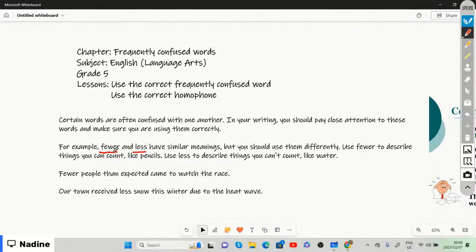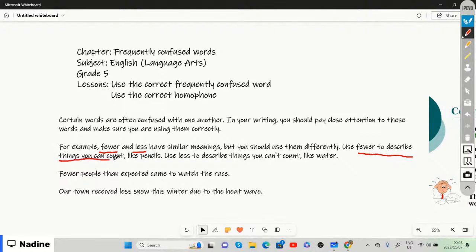But if we use them differently within the context in which they are supposed to be used, then we would say that fewer is used for things that you can count.